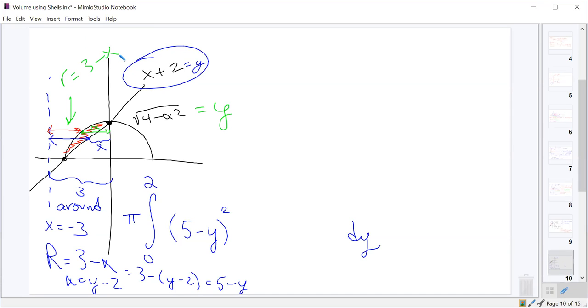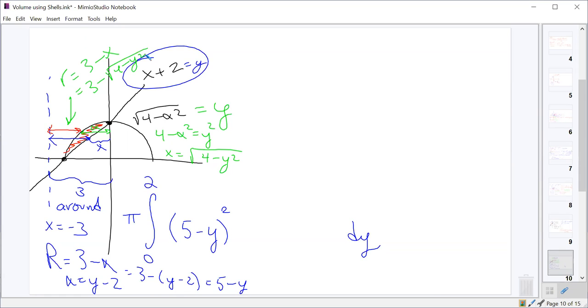This x is, 4 minus x squared equals y squared. Okay? And then we can make that x squared equals 4 minus y squared, x equals the square root of 4 minus y squared. So this will be 3 minus the square root of 4 minus y squared. Everybody got that?